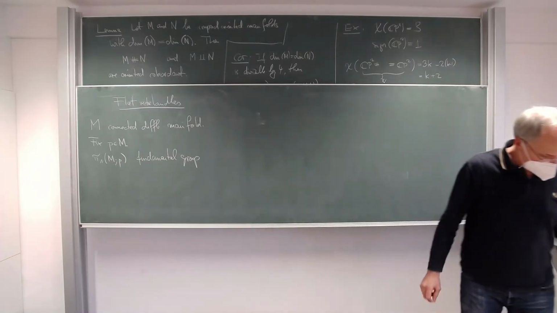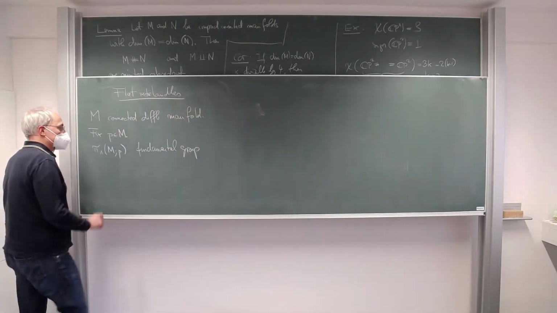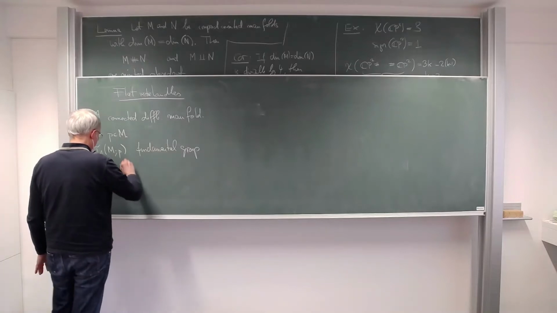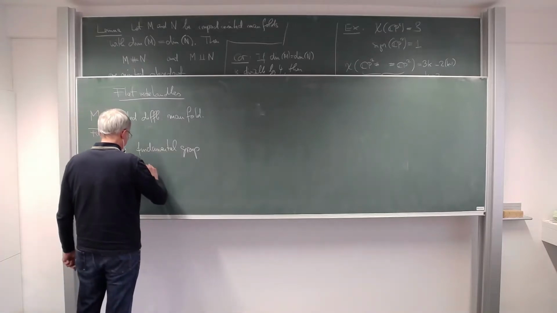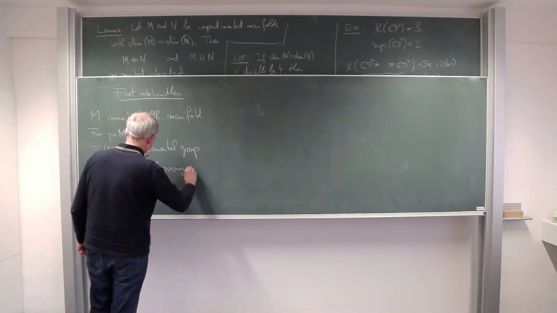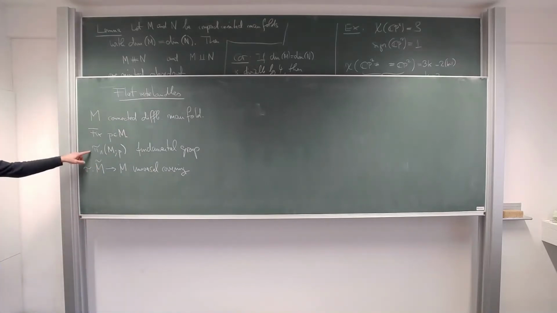All right, and then in addition, we have the universal cover, which I call M tilde. That's the universal covering. Let me call that map pi, so we will not confuse pi_1 and pi, right?